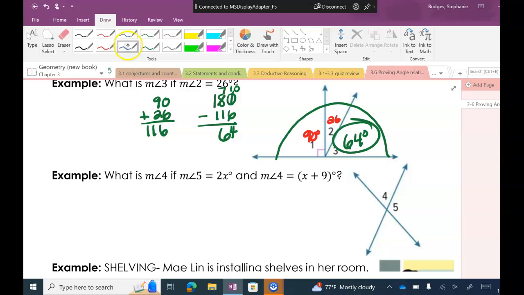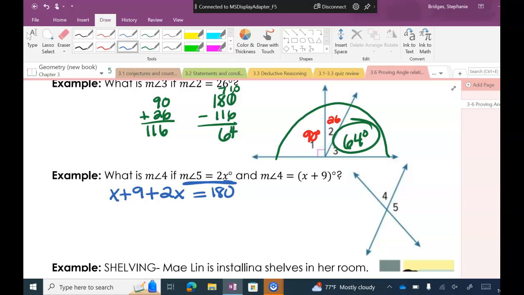So let's set up an equation. What is the measure of angle 4? What is the measure of angle 5? 2x. So I'm going to add those two together, and I'm going to set it equal to 180. Solve for x. And once you get x, you're going to have to plug that back in to find angle 4.